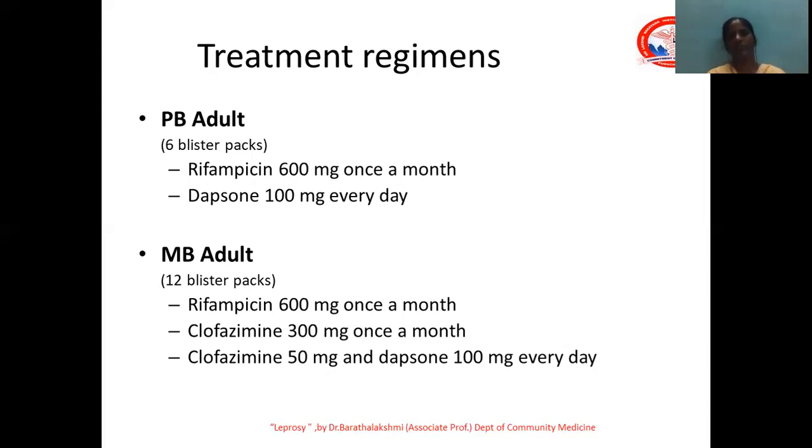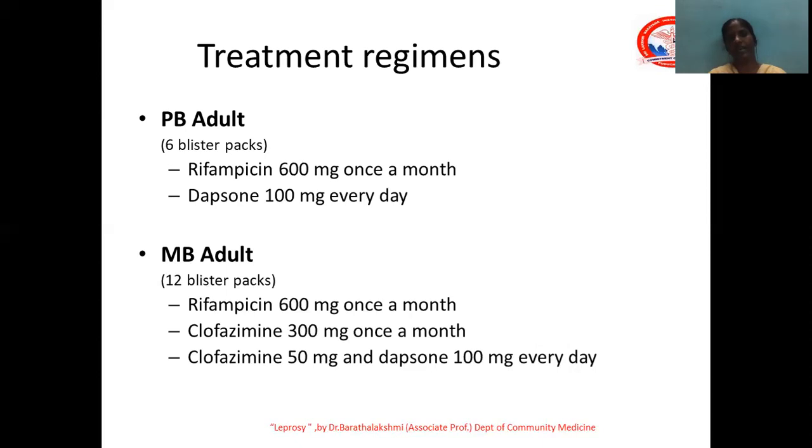The rest of the pack is handed over to the patient, and he's advised to take it at the same time every day. And this should be continuously monitored by a person in the family or in the nearby area, to make sure that the treatment is being taken by the patient every day.